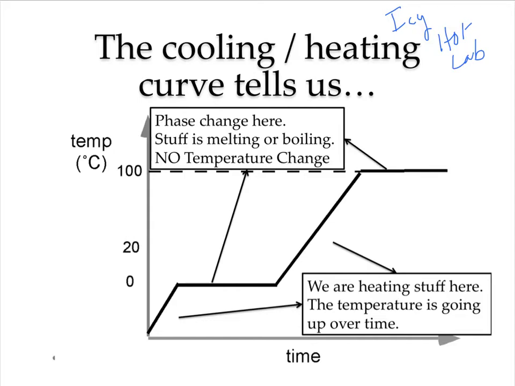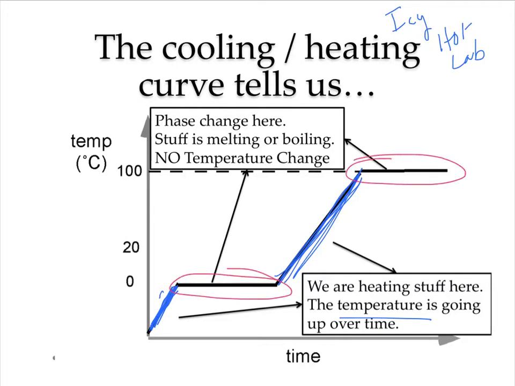So what we see in these regions here, on the sloped regions, we have temperature. And in this case, we are adding energy into the system, so we see that the temperature is going up in these two regions.